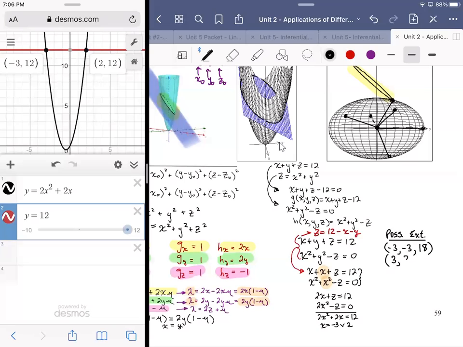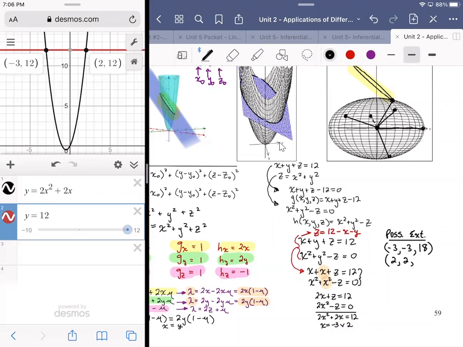The other is 3, 3, and then 6. These are the possible extrema based off of this relation here. Oh, sorry, why did I do that? No one knows. It was a 2, I just wanted it to be a 3.